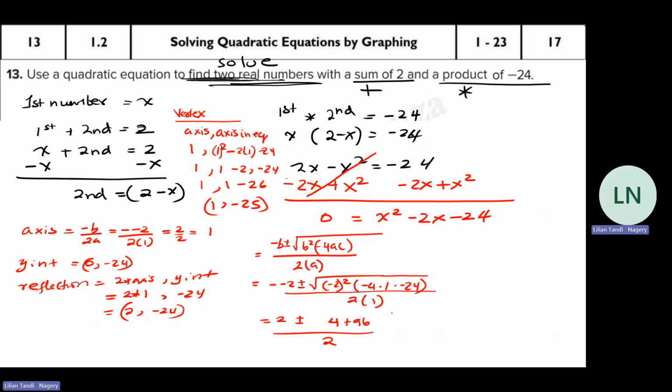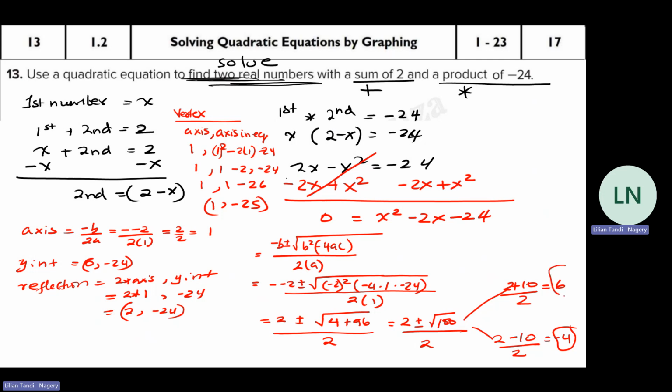Okay, and that's square root of 100. So then I had equals 2 plus or minus square root of 100 over 2. So this will be 2 plus 10 over 2, and this will be 2 minus 10 over 2. So 12 divided by 2 is 6, and 2 minus 10 is negative 8, divided by 2 is negative 4.